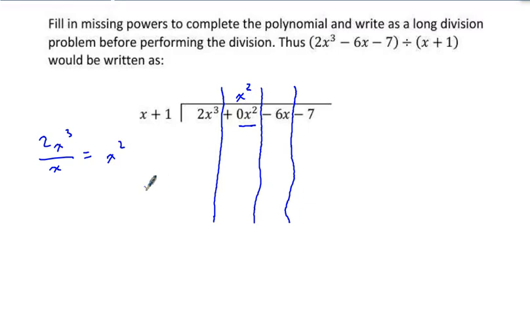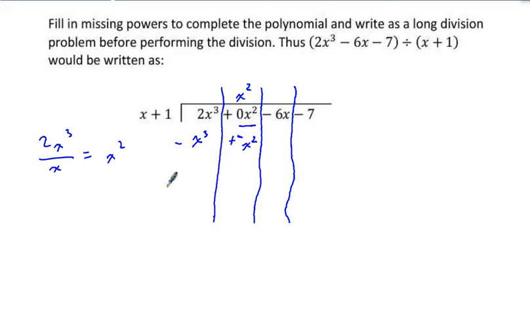Now, after we divide, we multiply x squared by x and by 1, which gives us x cubed plus x squared. And after we divide, multiply, we subtract. So all of the signs change.